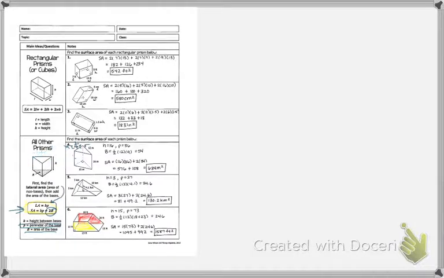So let's go to the first example, and let's make it hard for you. Let's go to number 5. Okay, so here we have 2 triangles that are parallel to each other, so this is a triangular prism. So I need to first find, well, in this case I want to label everything. I want to find the area of the 2 bases, which means I only need to find 1.